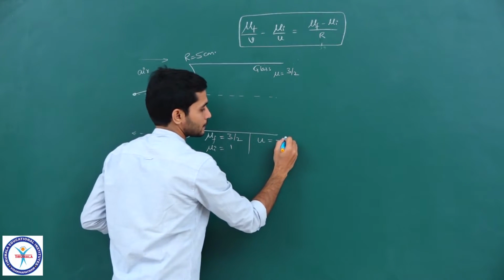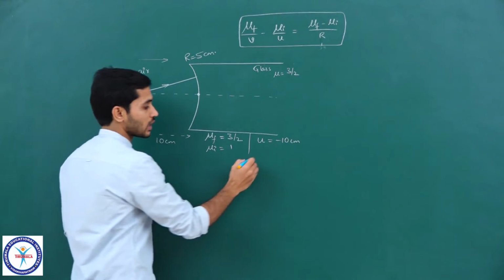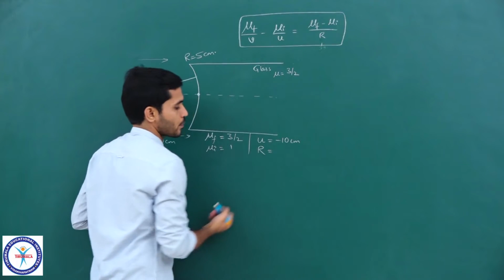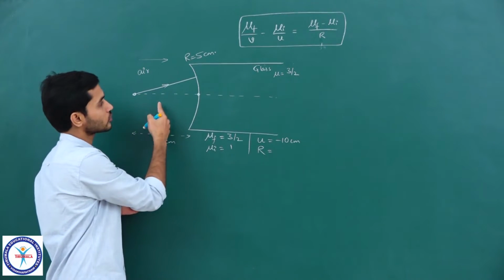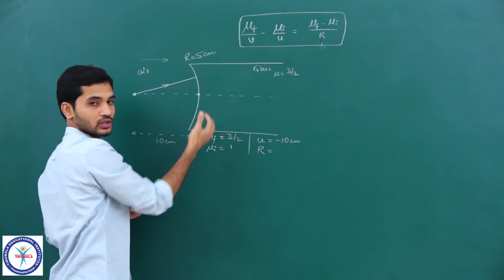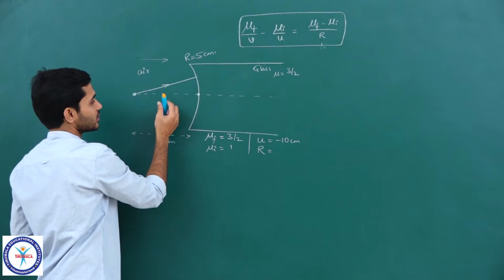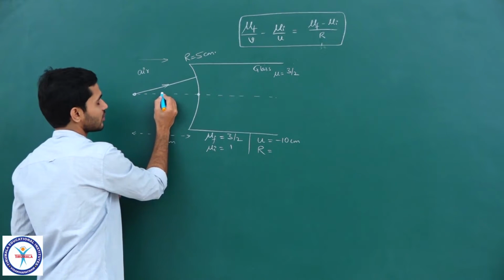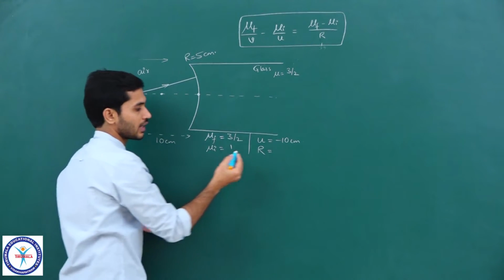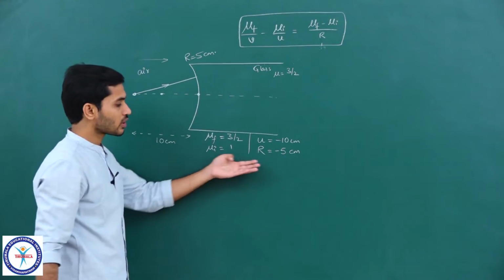Minus 10. So, I should substitute u as minus 10. Now, what about r? The center of curvature is also on this side, right, because the curvature is like this. This sphere will have its center on this side. It is 5 centimeters. So, the center of curvature will be somewhere over here, correct, and I should take that also as negative. So, I have all the values.